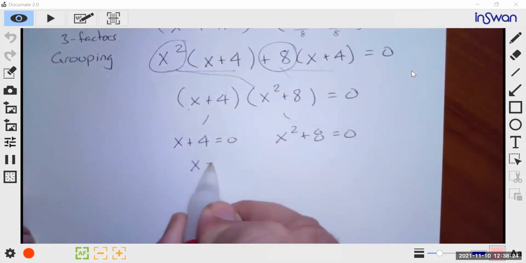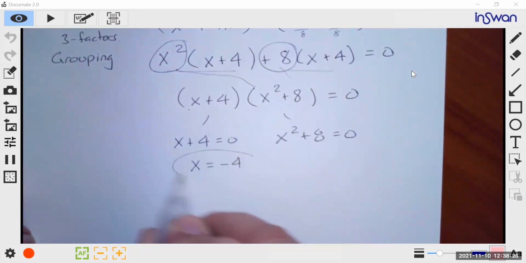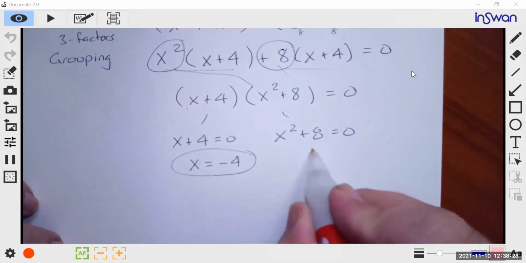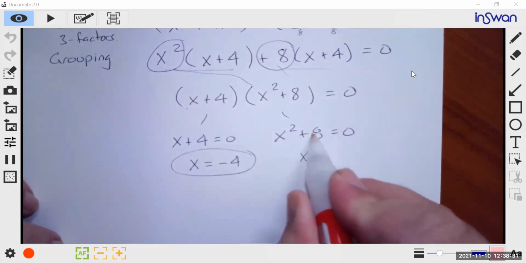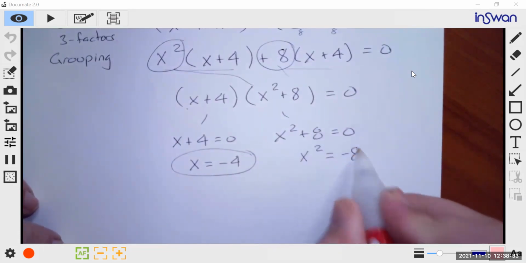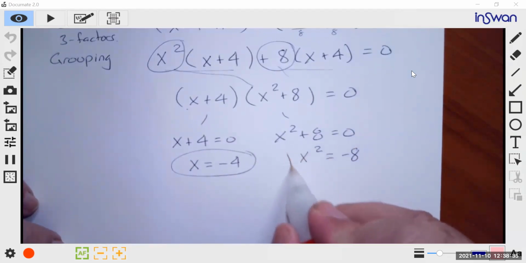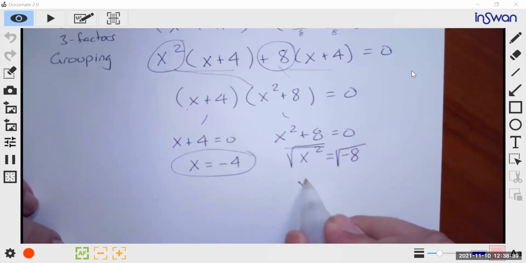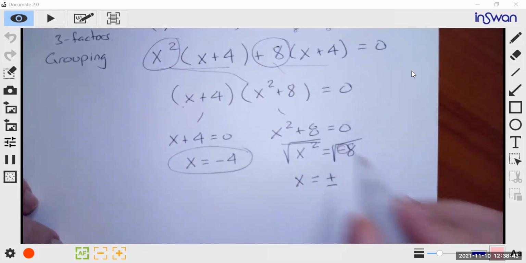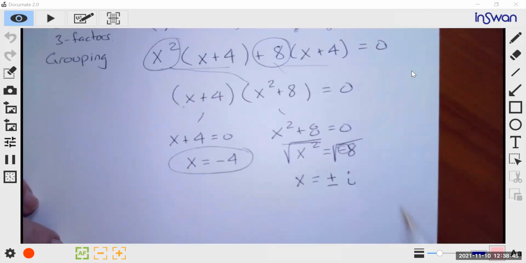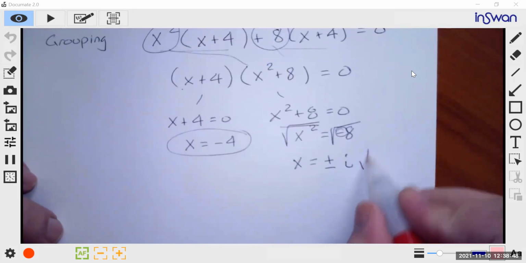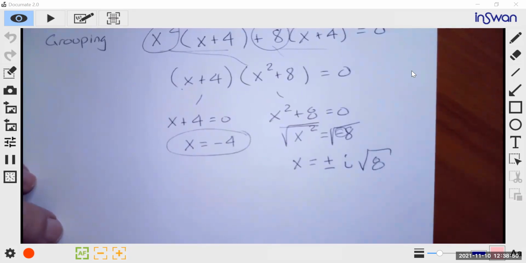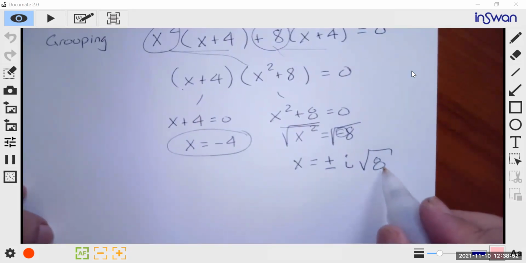So this one becomes -4. Subtract 8 from both sides. Square root both sides. So we have x equals plus or minus. There's a negative inside there, so that becomes an i. What is 8?